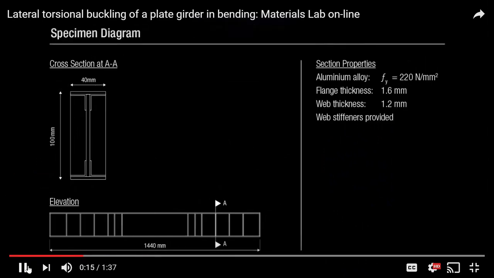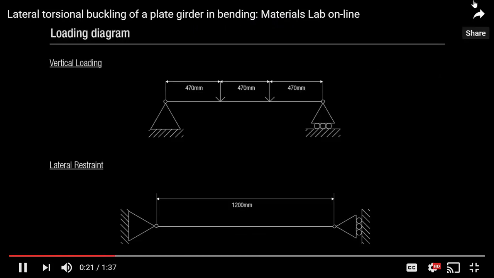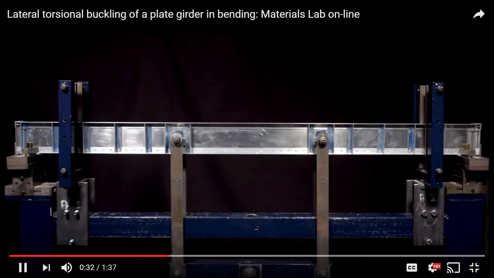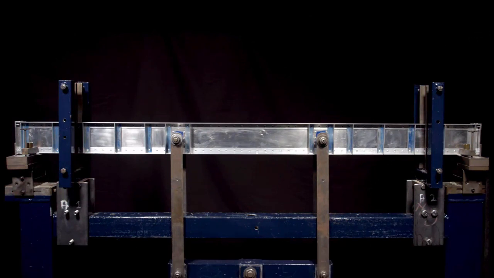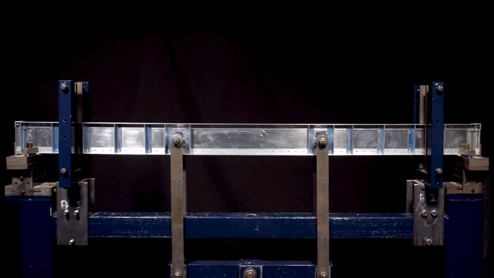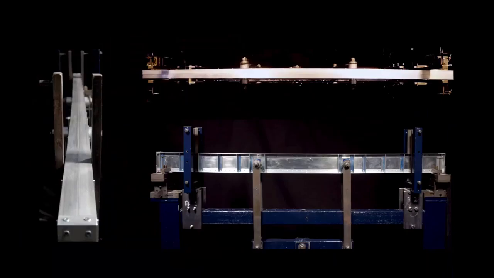The test is an aluminium alloy. The web has shear stiffness to prevent it from buckling. The loading diagram shows the beam being subjected to 4-point bending. It is also laterally restrained, but close to the ends, leaving a large, laterally unrestrained length. The testing rig is now starting to apply a pair of equal vertical loads to the central third of the beam. As the loading is applied, the beam begins to sag. Under this loading arrangement, the bending moment is uniform in the middle third of the beam.